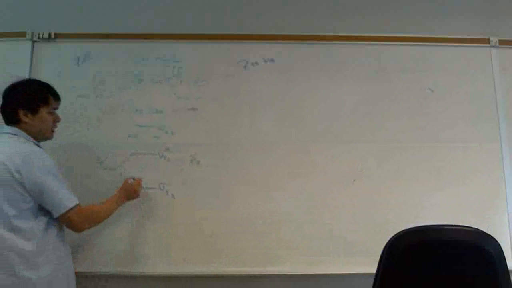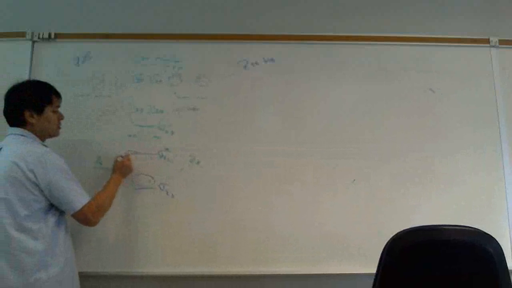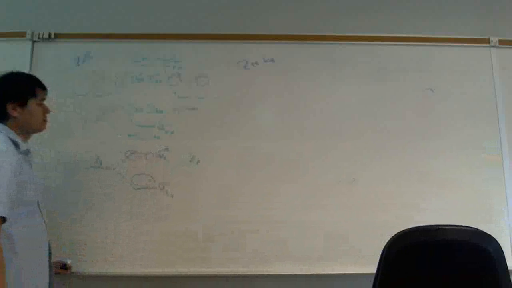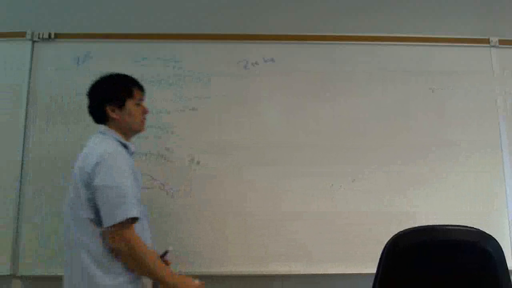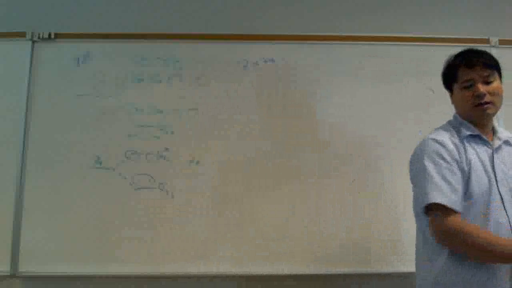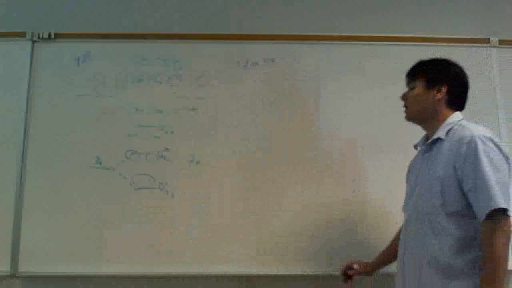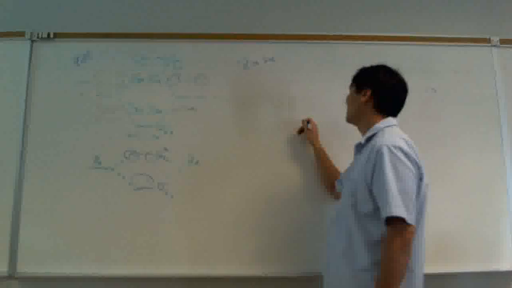Now, let's look at a 2s. A sigma 2s looks like this, right? The sigma star 2s looks like that. And we're going to compare the sigma 2s and the sigma 2p. If Z is big, which one is more penetrating, a sigma 2s or a sigma 2p? Sigma 2s. The sigma 2s is more penetrating.